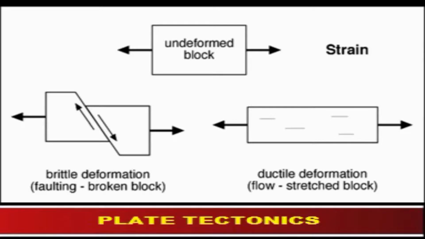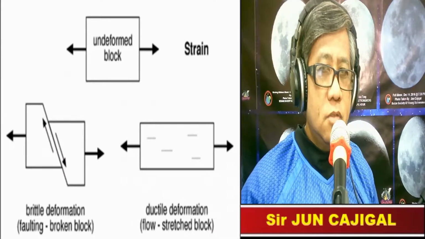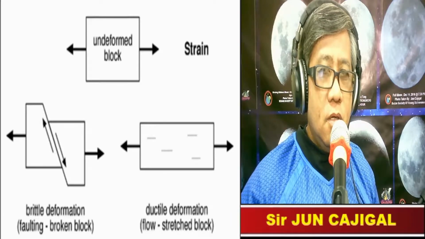But when these tectonic plates begin to move, these rocks are subjected to stress and strain, and they get deformed. There are two types of deformation of rocks. We have brittle deformation, wherein there is faulting, and we have ductile deformation, wherein there is stretching of the rocks. So that's what happens before an earthquake can occur.